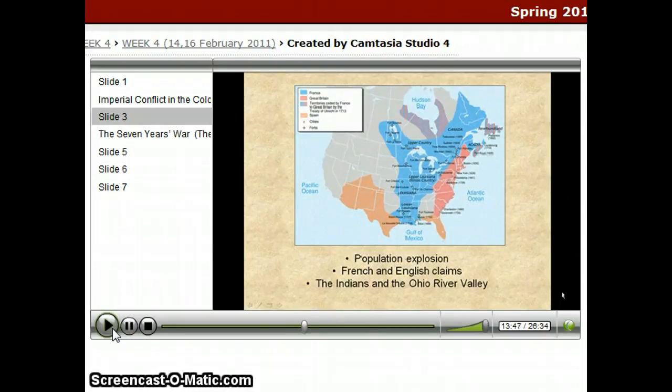This happened as a result, as I mentioned, of more than two rival competing claims for the Ohio country. The result was a huge, massive conflict between the British and the French that ultimately led to one of those powers taking control of the continent.